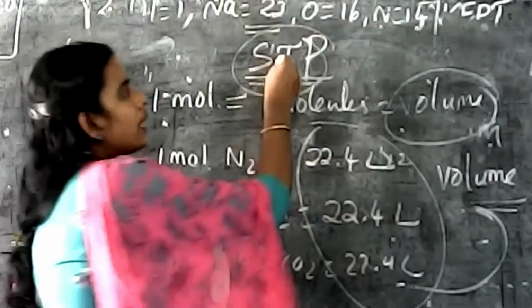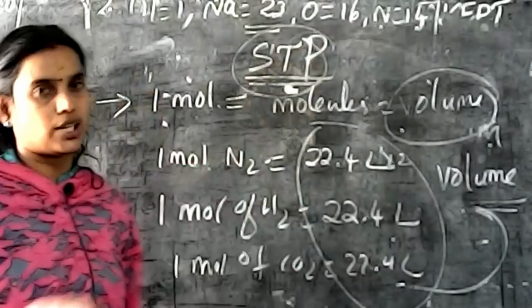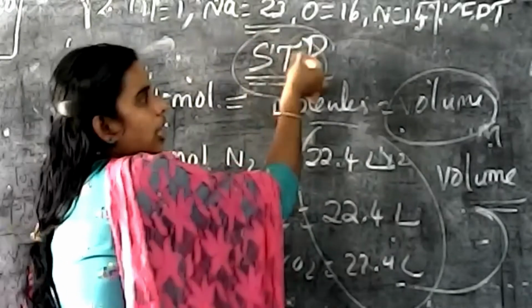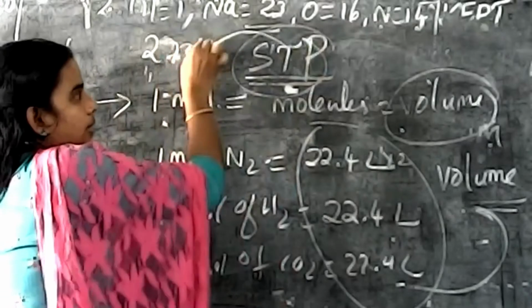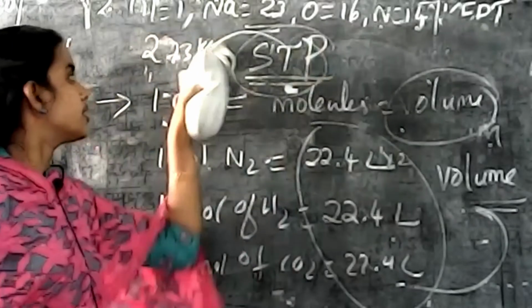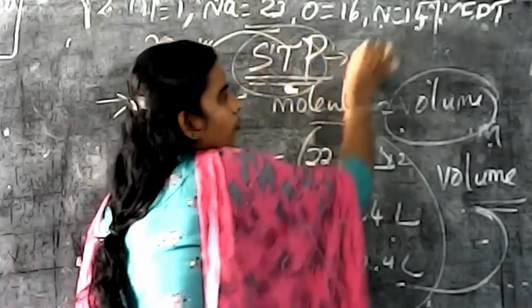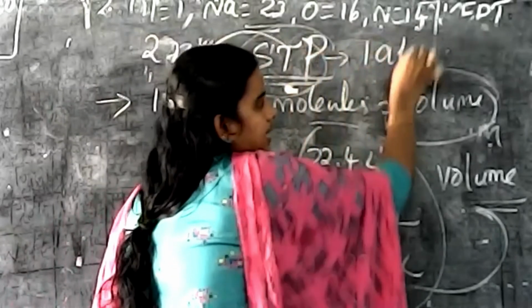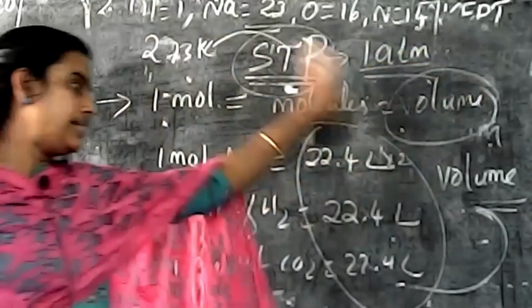We have to know the standard values of temperature and pressure. The standard temperature is 273 Kelvin, which is known as a constant value. And for pressure, 1 atm is taken as the standard pressure. Don't forget these numbers.